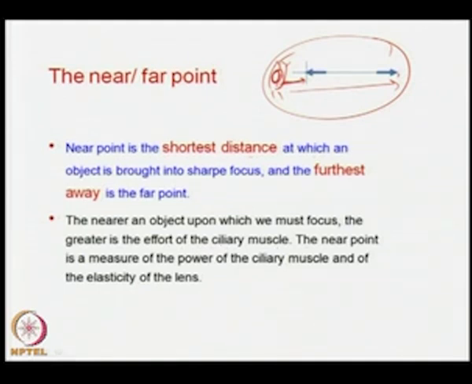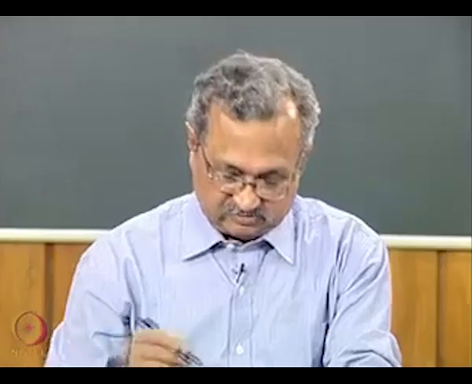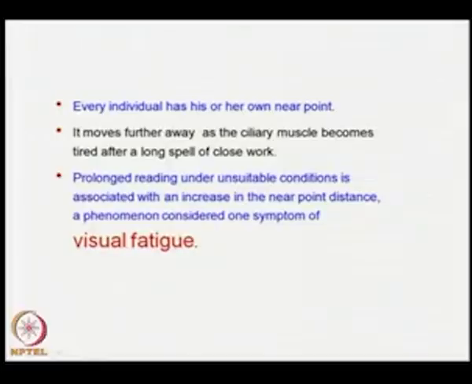that holds the lens. The near point is a measure of the power of the ciliary muscle and of the elasticity of the lens, which reduces as age increases, specifically in the case of the elderly. Every individual has his or her own near point. It moves further away as the ciliary muscle becomes tired after a long spell of close work.